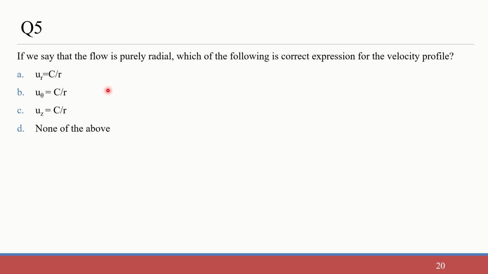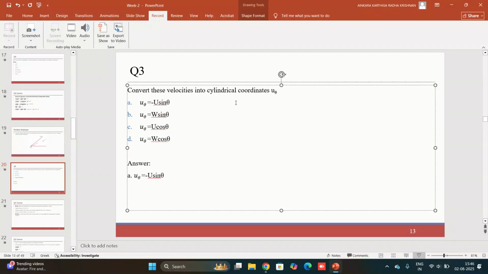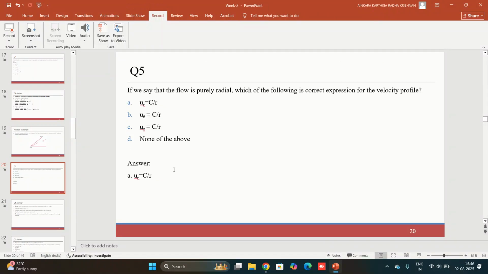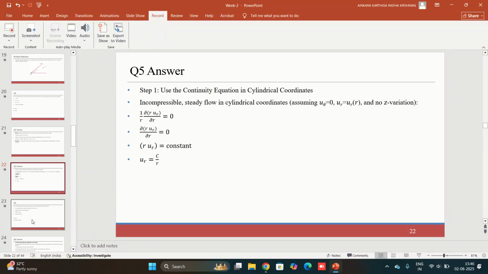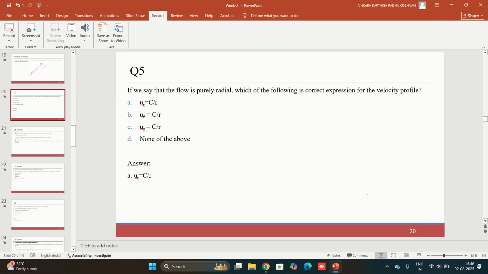Here c is some constant, or some function.